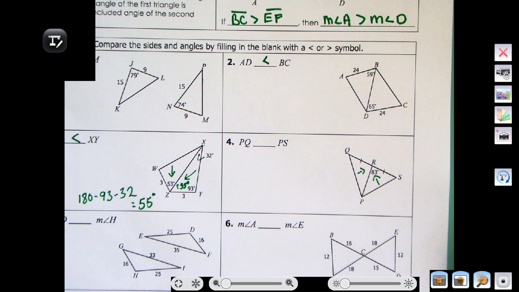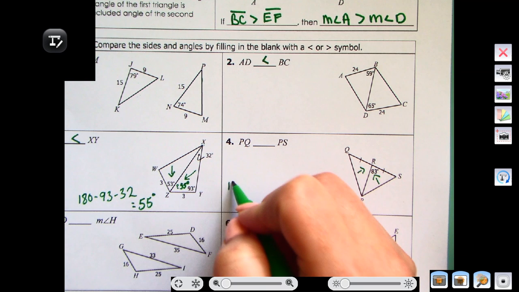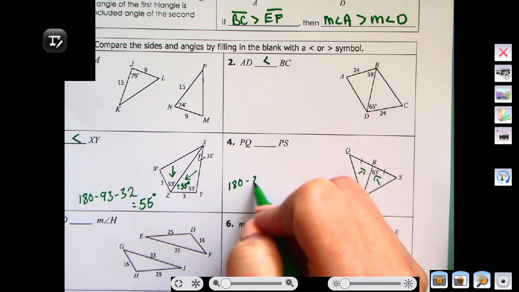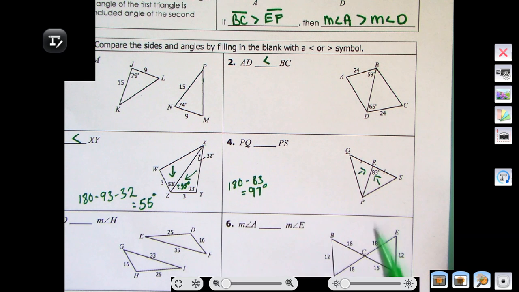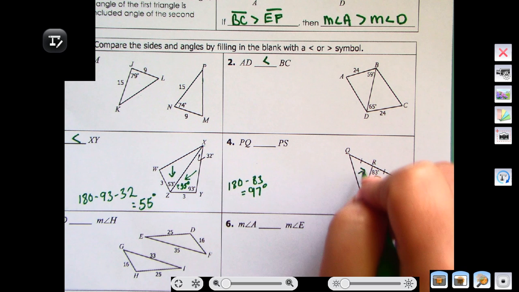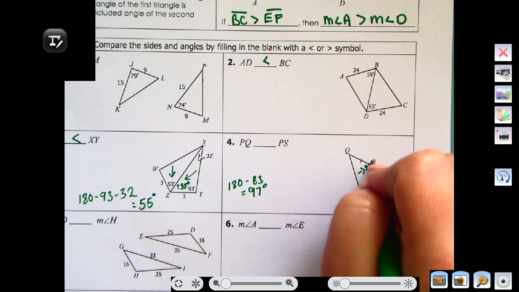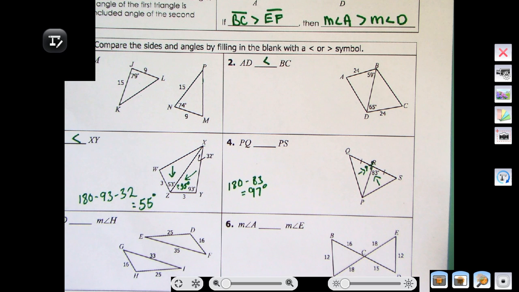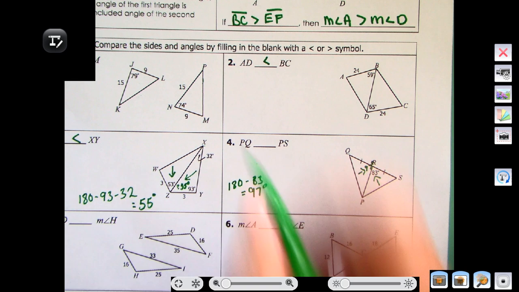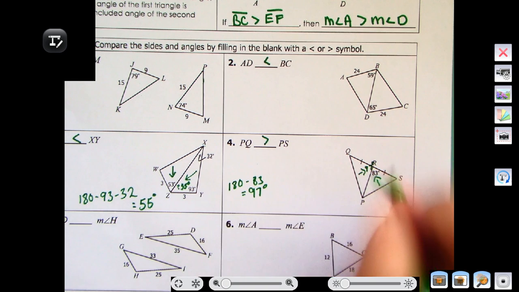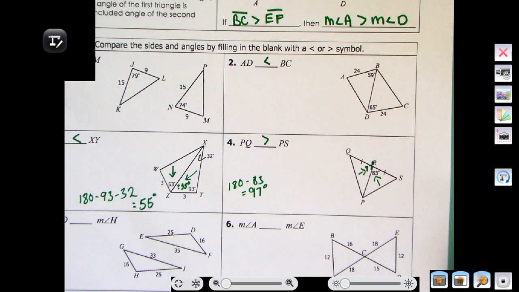I can simply subtract 83 from 180. So that angle would be 97 degrees. So which one would be bigger, this one or this one? We would say PQ because it's across from the larger angle.